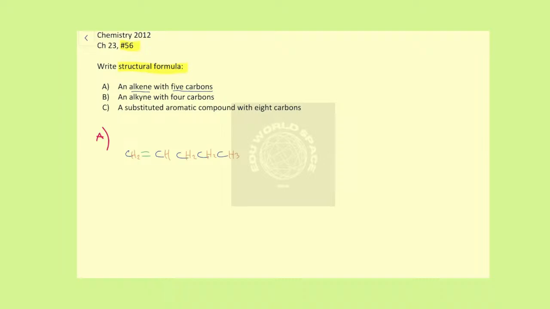Now that we have that triple bond, let's fill it out with hydrogens. This first carbon can handle 1 more hydrogen, plus those 3 bonds gives it a total of 4 bonds.